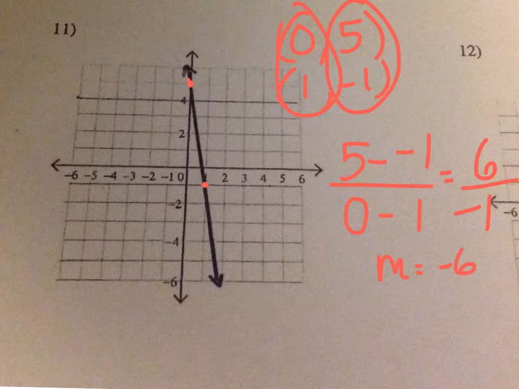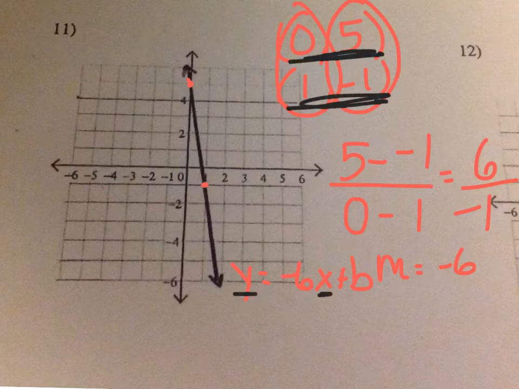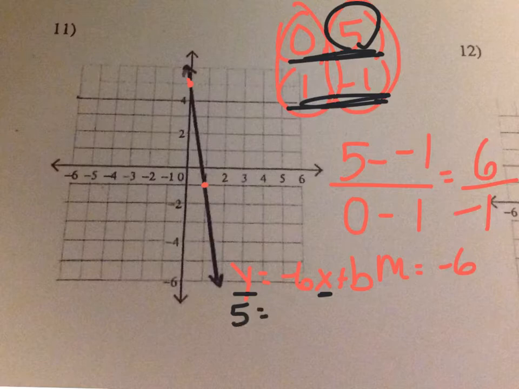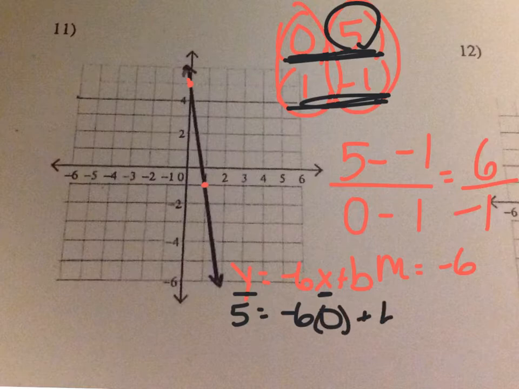Once I have the slope, I can plug in negative 6 for m in y equals mx plus b. And then I need two other values, an x and a y value, and I can either use this ordered pair or this ordered pair. The y value I'll put in is 5, so 5 equals negative 6 times the x value, 0, plus b.